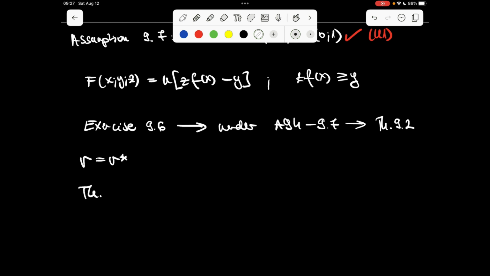Theorem 9.4 also works. So the plan that attains the supremum in the sequential problem is optimal in terms of the Bellman equation.